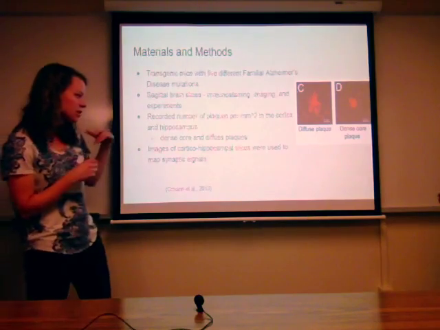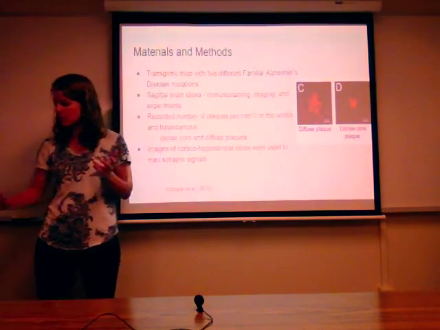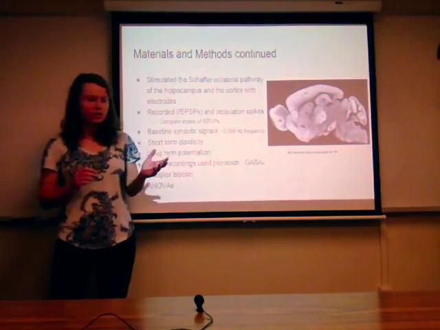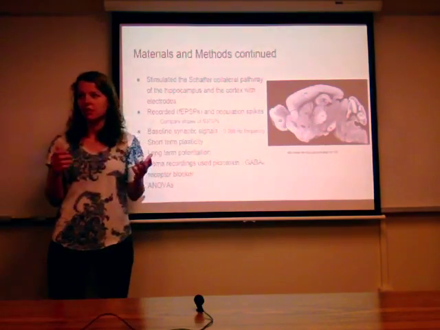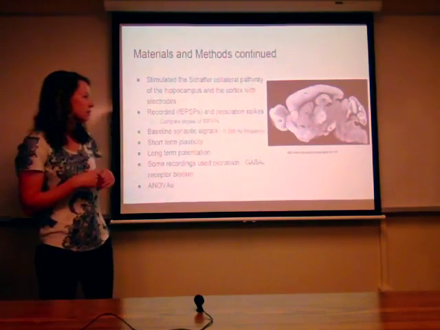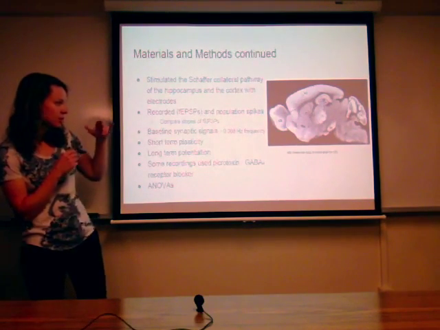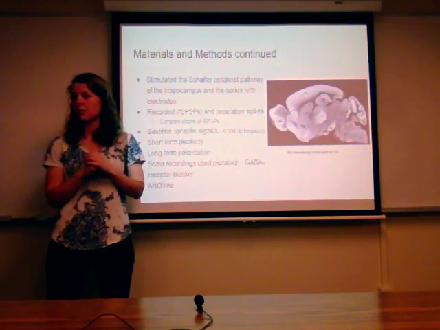And so they took images of these cortico-hippocampal slices to map the actual synaptic signals. And so using this multi-electrode array, they stimulated the collateral pathway of the hippocampus and also the cortex using these electrodes. They recorded field EPSPs and population spikes, and they compared the slopes of these field EPSPs that they recorded.